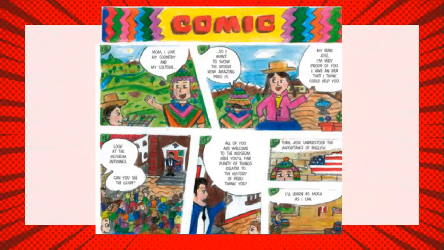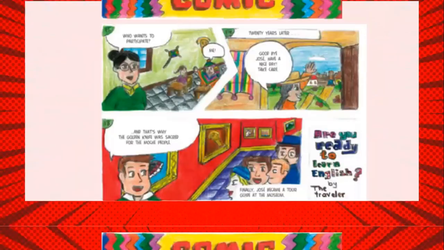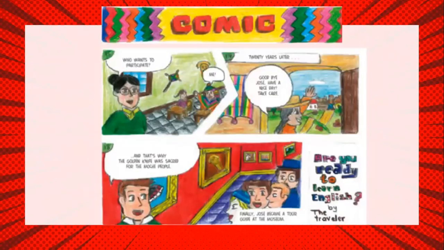Look at the museum entrance. Can you see the guide? All of you are welcome to the museum. Here you'll find plenty of things related to the history of Peru. Thank you. Then, Jose understood the importance of English. I'll learn as much as I can. Who wants to participate?